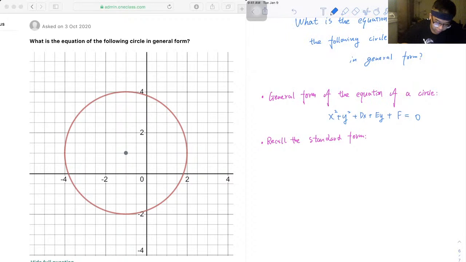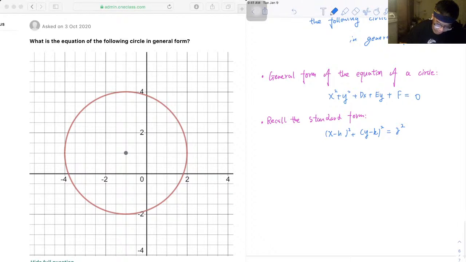The standard form is given by the formula (x minus h) squared plus (y minus k) squared is equal to r squared. And let's define h, k and r. Where (h, k) is the center of the circle, and r is just the radius.